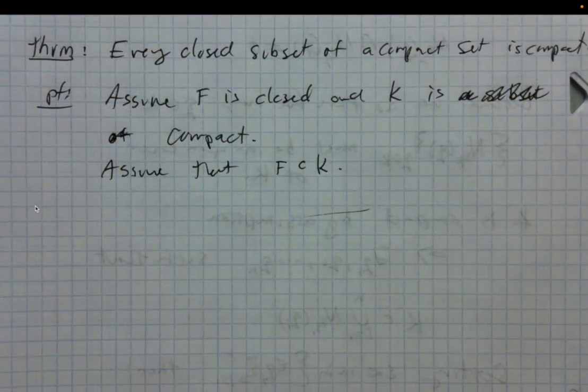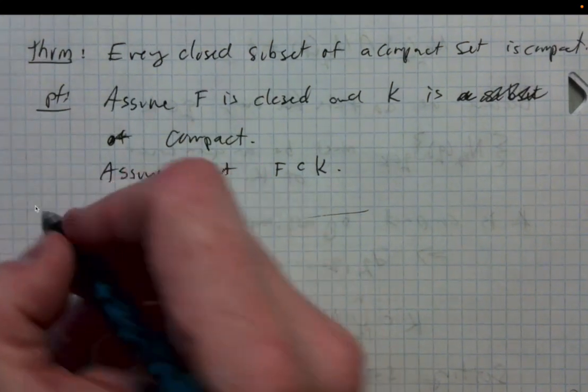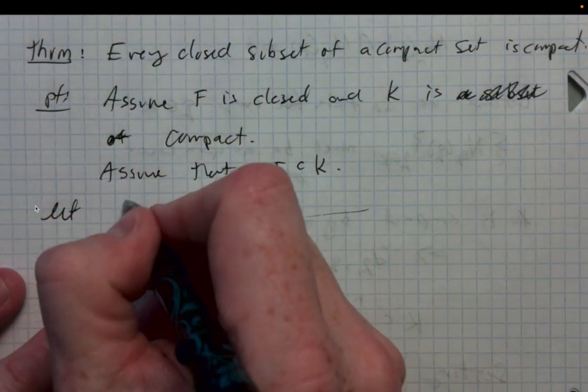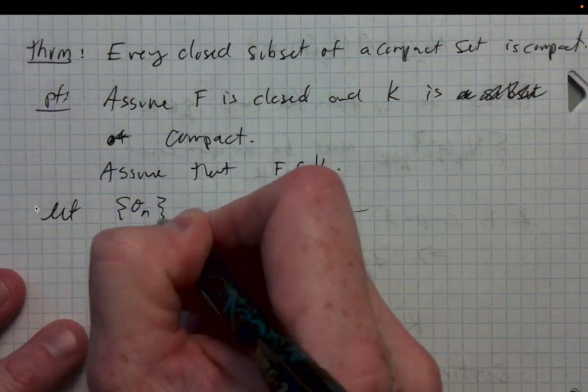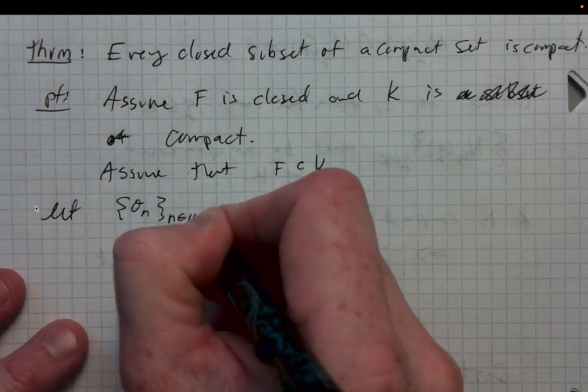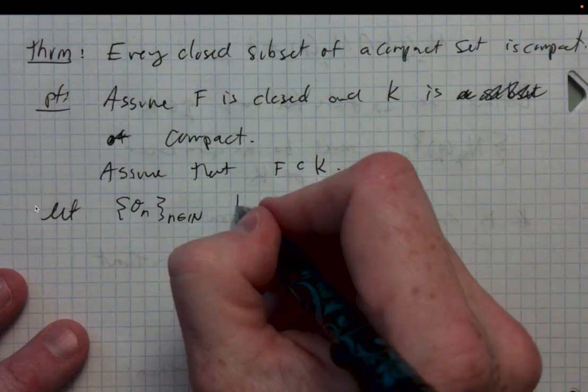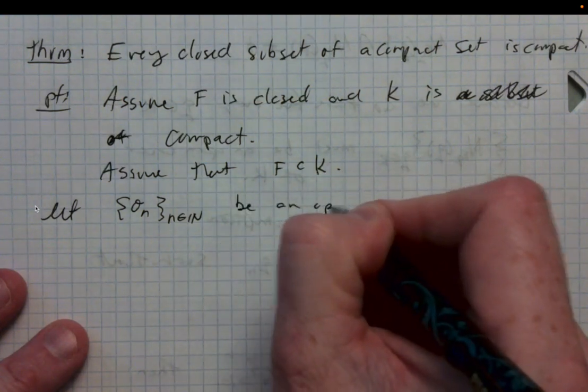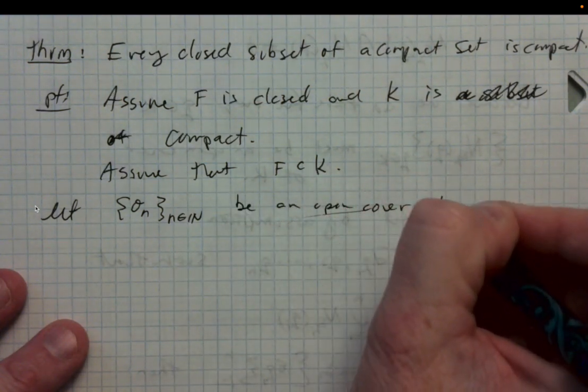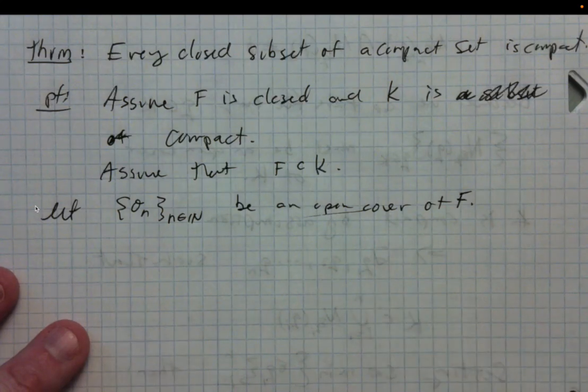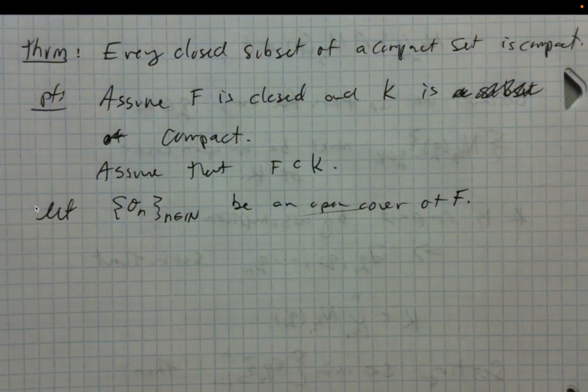So assume F is closed and K is compact with F being a subset of K. Okay, so let O sub n, n a natural number, be an open cover of F.